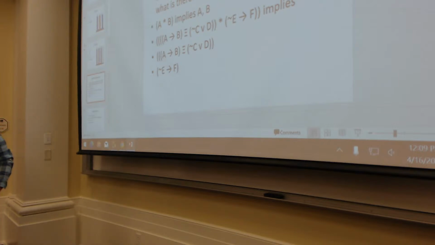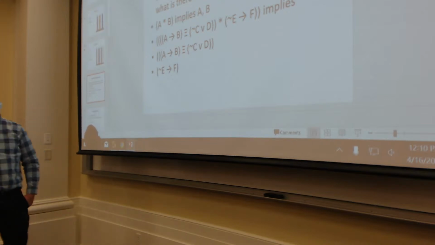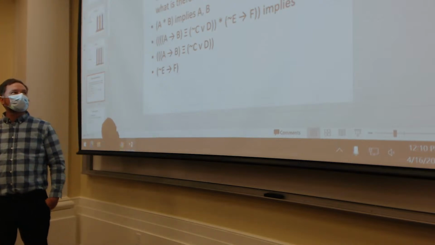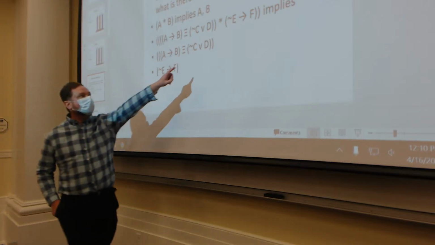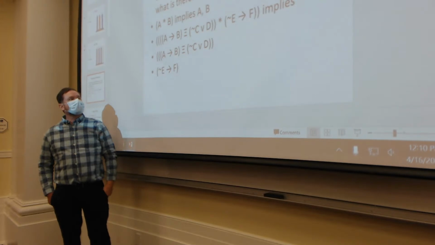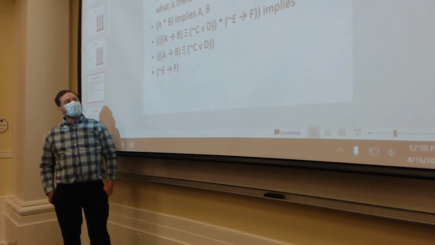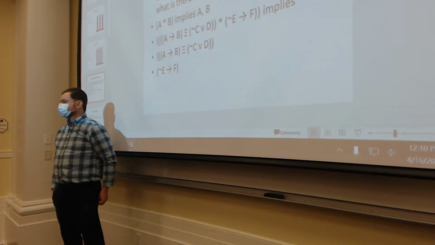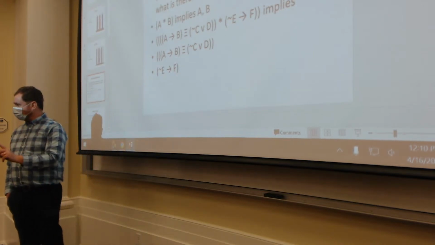Remember the basic AND rule: from the truth of both A and B, you can infer A as well as B. Similarly, from the truth of both 'if A then B if and only if either not C or D' and 'if not E then F', you can break out both halves of this AND statement and get the truth of 'if A then B if and only if either not C or D', and also the truth of 'if not E then F'. But you can only use the AND.